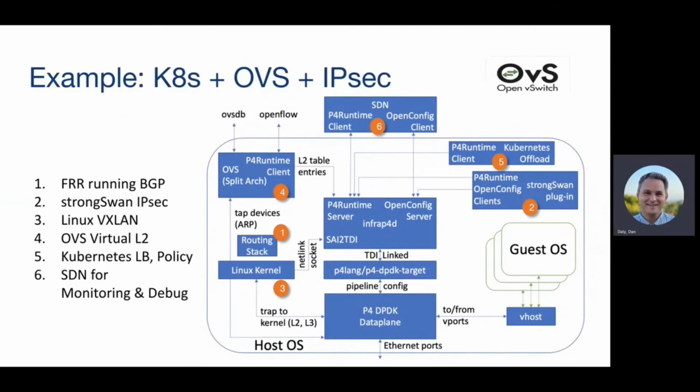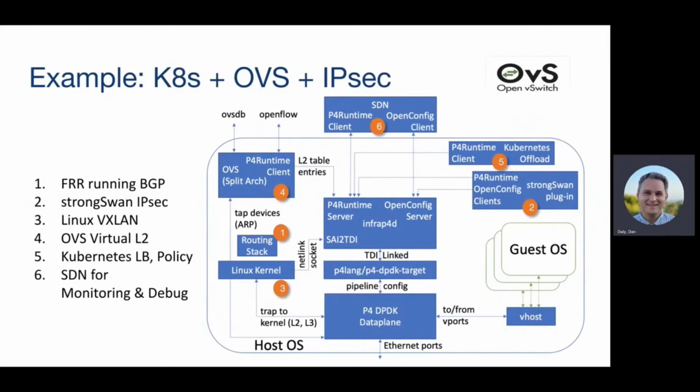And we actually are converting that netlink socket to SAI, the Switch Abstraction Interface from SONiC, and then we convert that into this interface we call TDI. It's a table-driven interface. So we're funneling all of this different configuration down, arbitrating between it so that the P4 pipeline, which is the thing that's below TDI, sees a single stream of configuration.